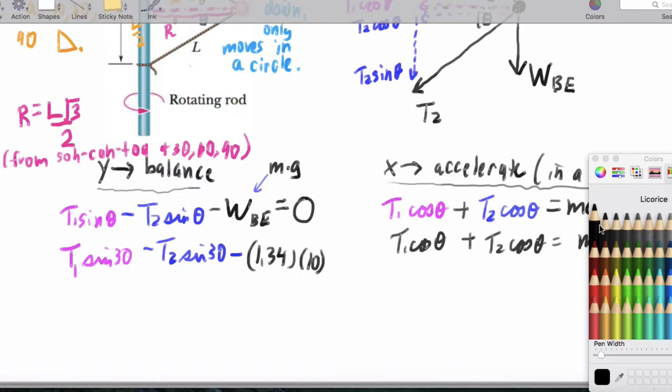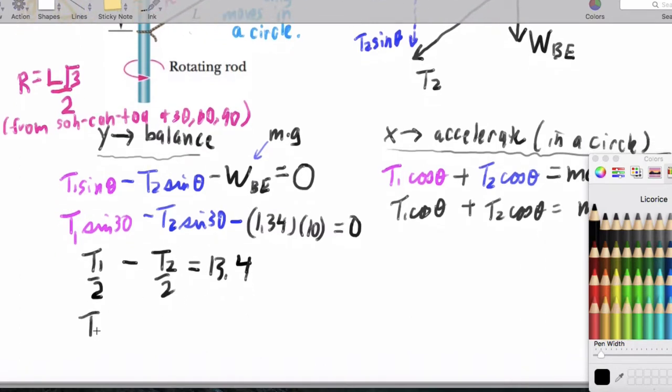So we're going to end up getting T1 over 2, because sine of 30 is a half, minus T2 over 2 equals 13.4.